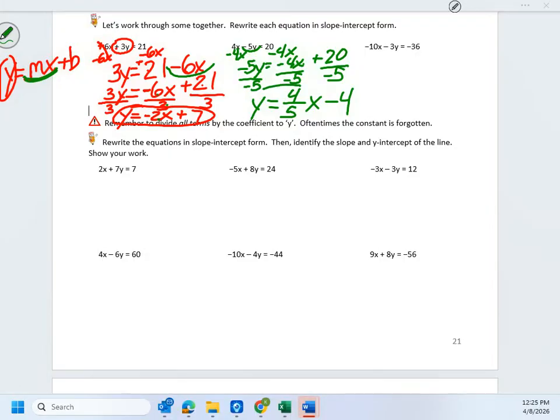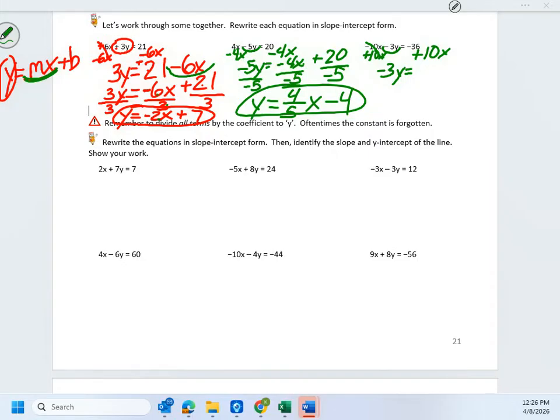Let's do one more. Negative 10x minus 3y equals negative 36. What's my first step? Elliot? Add 10x. It's a negative 10, so I need to add 10x to both sides. So negative plus the positive zeroes out, and I'm left with negative 3y.